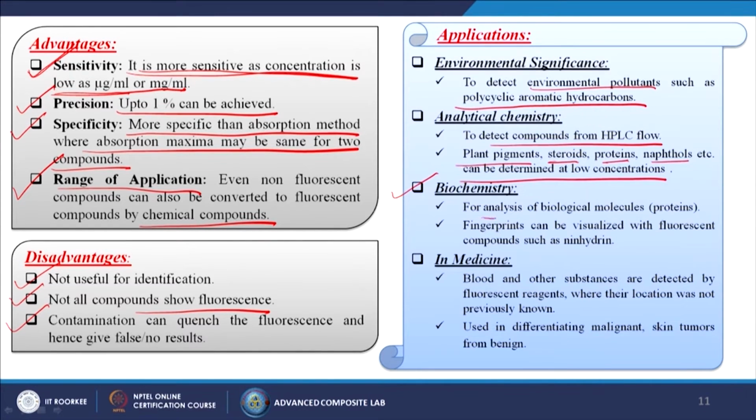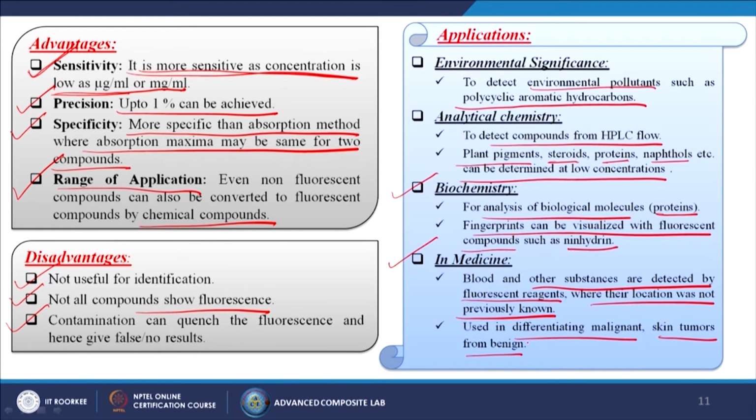Biochemistry, for analysis of biological molecules like proteins. Fingerprints can be visualized with fluorescent compounds such as ninhydrin. In medicine, blood and other substances are detected by fluorescent reagents where their location was not previously known, and it is used in differentiating malignant skin tumors from benign.